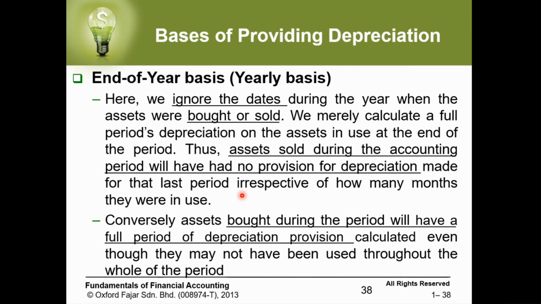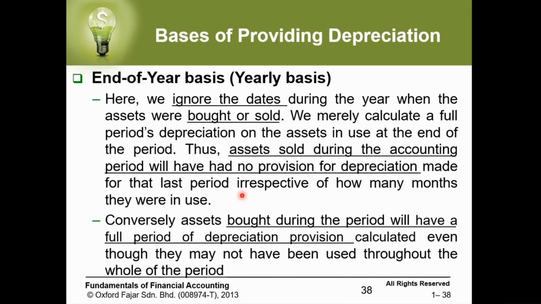So with the yearly basis or end of year basis, we are just considering what assets we have at the end of the year, and we consider that we used the asset for the entire year. We don't care when this asset was bought or for how long it was under usage.